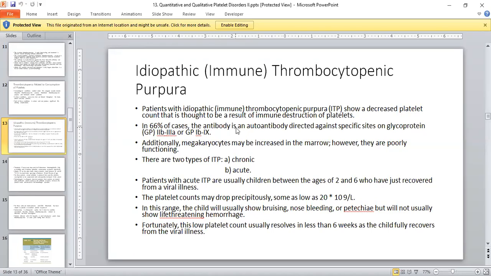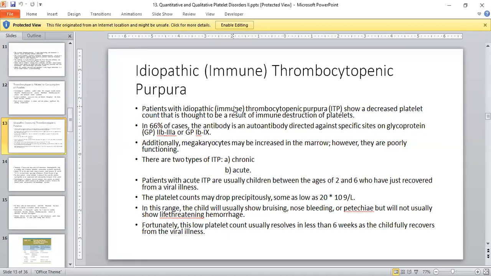Idiopathic thrombocytopenic purpura is a result of immune destruction of platelets. The antibody is usually an autoantibody directed against specific glycoproteins present on the platelets, leading to their destruction. It can be chronic or acute.